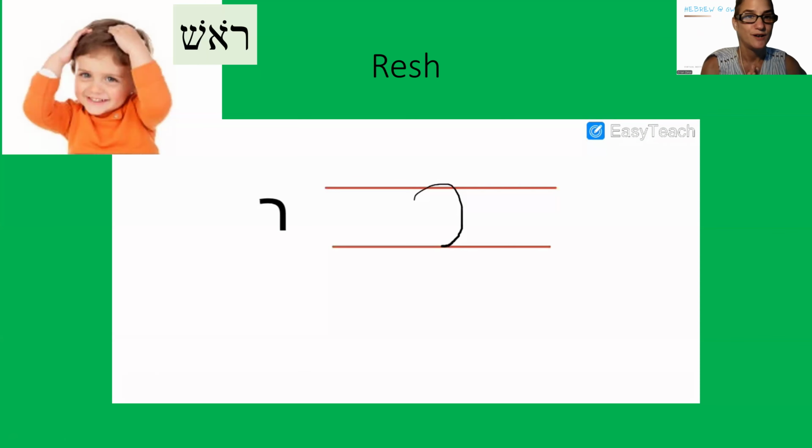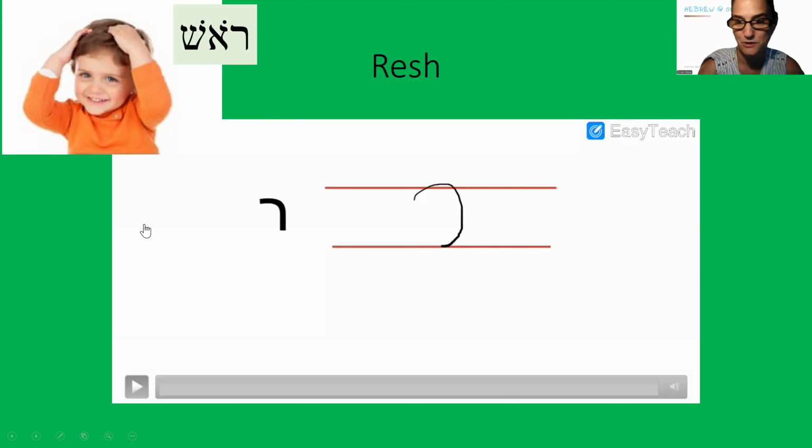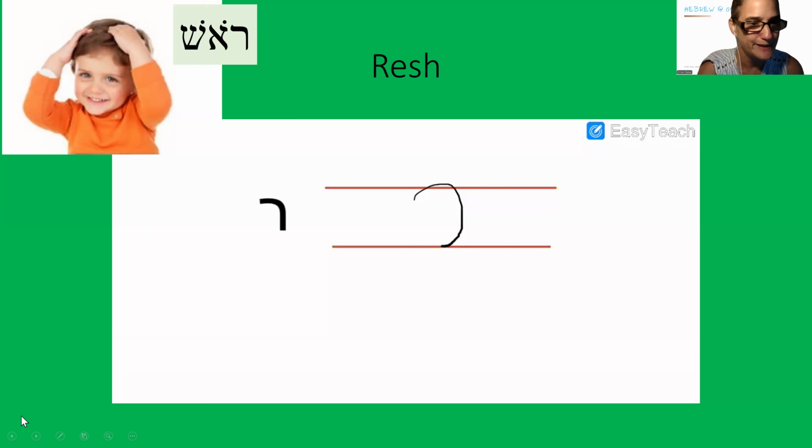You can see here the aleph appears in the middle, which is a little bit abnormal because we have the sound of o, rosh, but it's an ancient word, so that's what happens sometimes. So that's the resh, okay? Print and script, kind of the same.